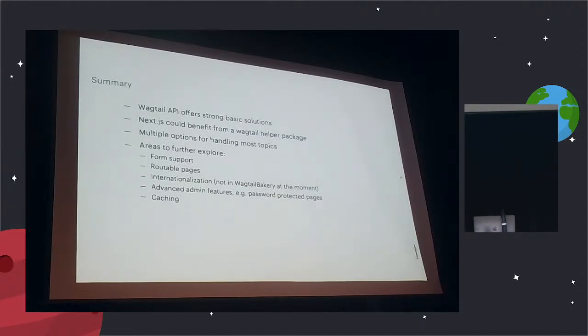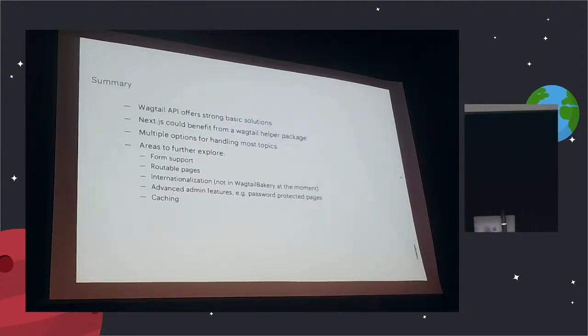I think it would be nice if we could have at some point a Wagtail package for Next.js, so that it will be even easier to have an easy integration. Each topic has multiple ways of handling them. I really like about Next.js that it's so open that you can still investigate more options depending on what you need. And also with Wagtail it's nice.